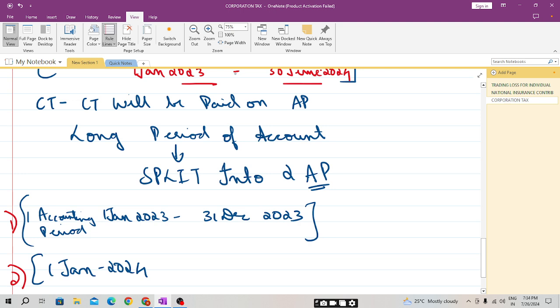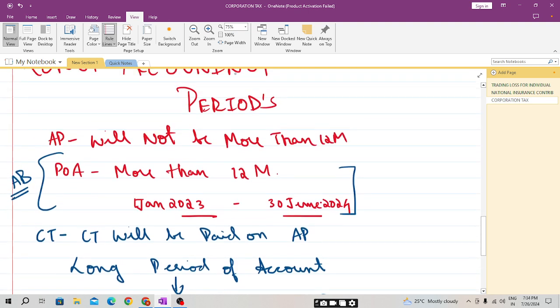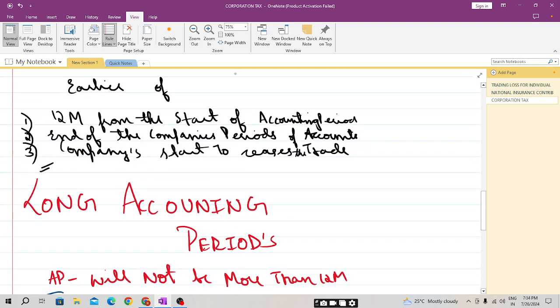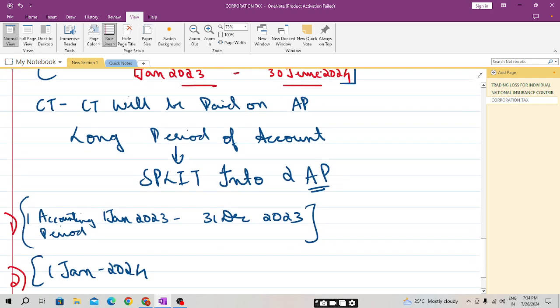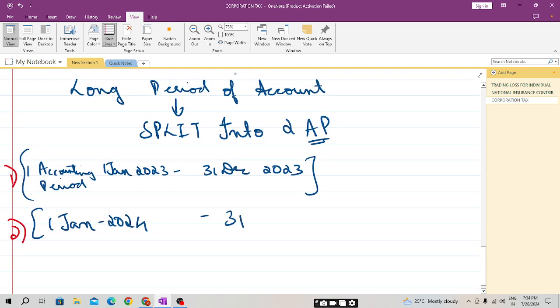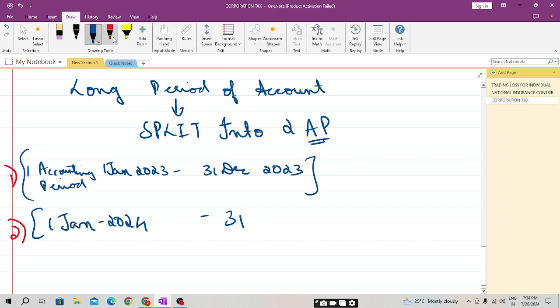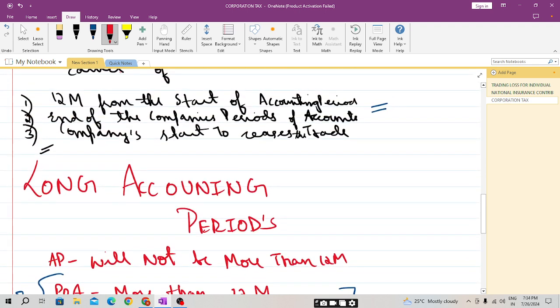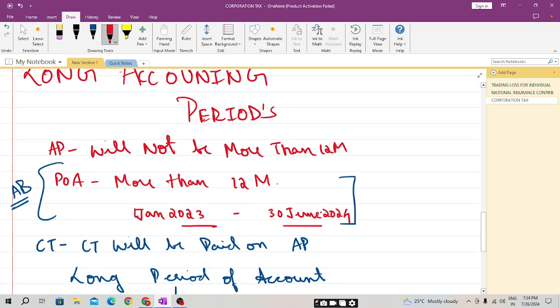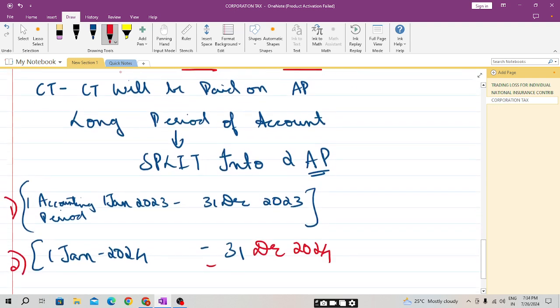The accounting period will end on the earlier of 3 dates. As we have already discussed, the first is 12 months from the start of the accounting period. In our case, it will be 31st December 2024. The second date will be the end of the company's period of accounts, which is 30th June 2024.